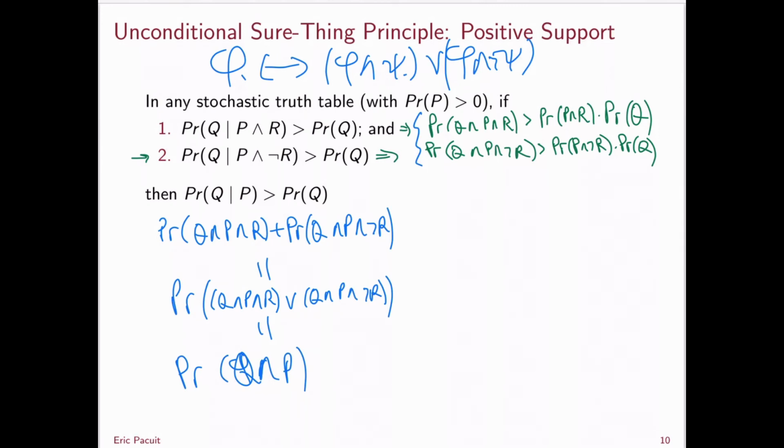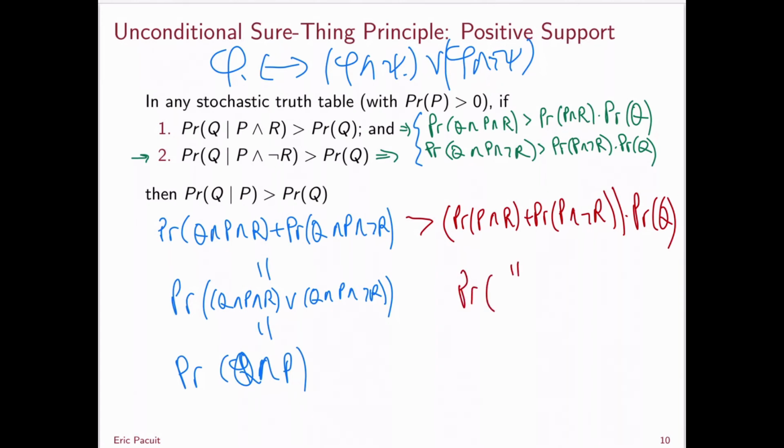Now, what about the right-hand side of the equation? On the right-hand side, we have the probability of P and R times the probability of Q plus the probability of P and not R times the probability of Q. So it's the sum of those two things, the probability of P and R plus the probability of P and not R, all times the probability of Q. Now again, P and R and P and not R are mutually exclusive, so the sum of those two probabilities is equal to the probability of their disjunction.